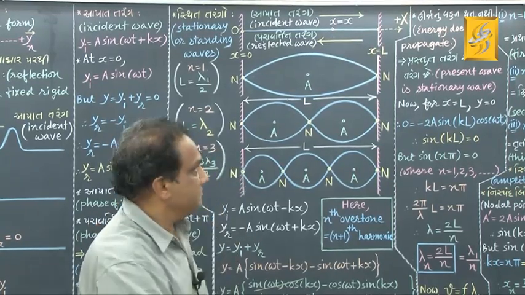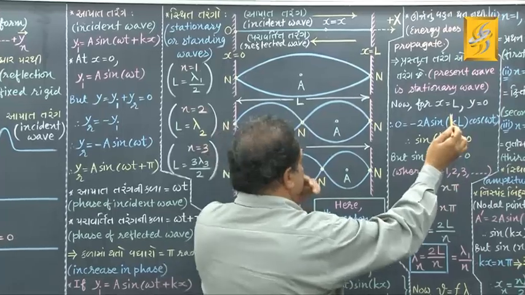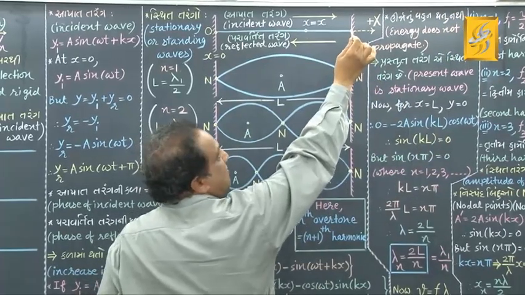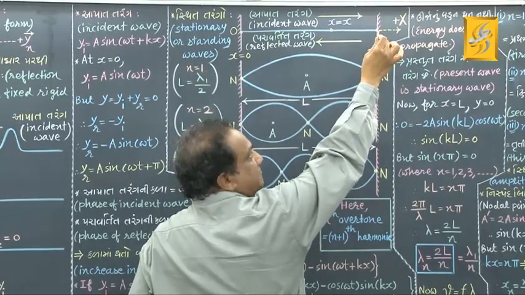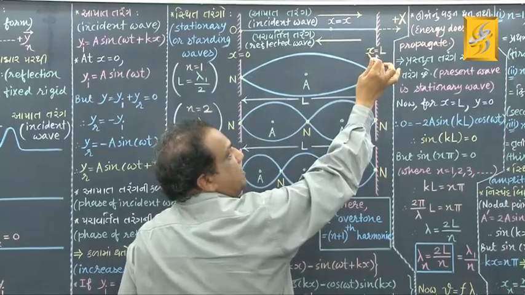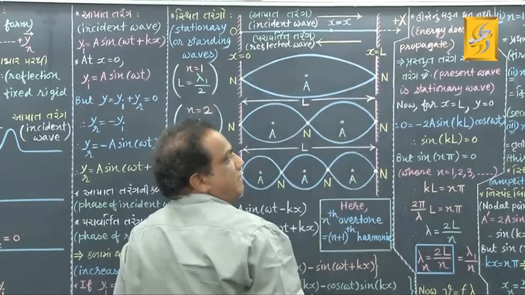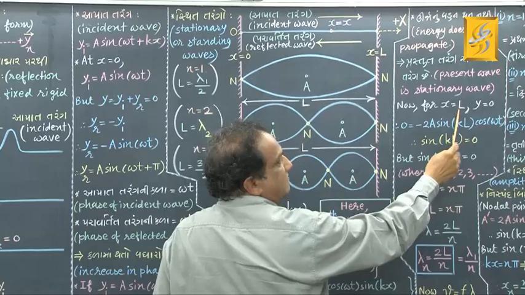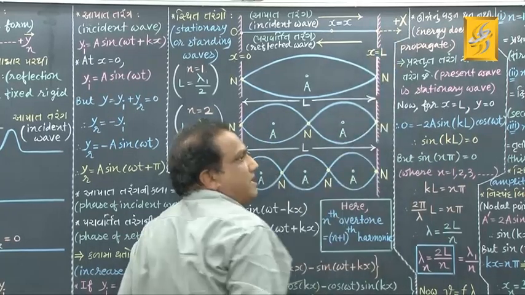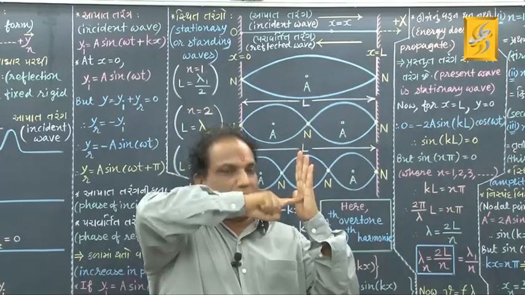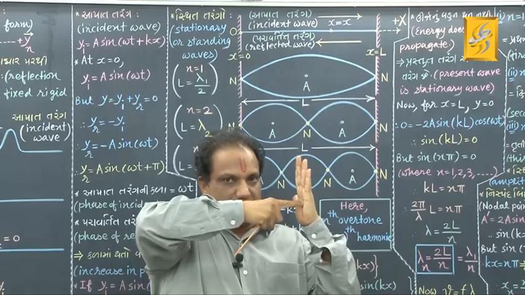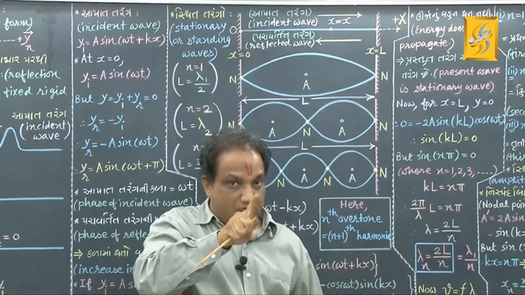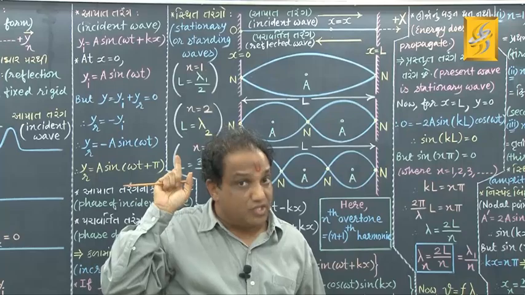Got it? Fine. Now, if you talk about the right end of the string, the x coordinate is equal to L. At x equal to L, this particle is fixed in the rigid support, and because it is fixed, its resultant displacement should be 0.